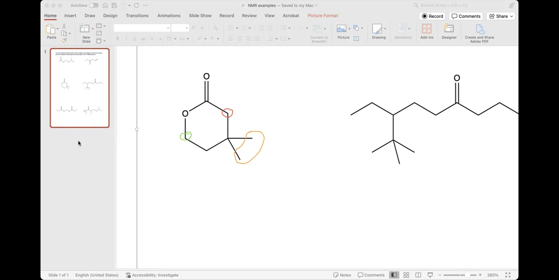Let's use pink again. All right, so for this green one, what would the integration be?